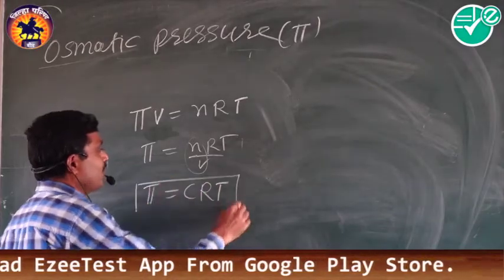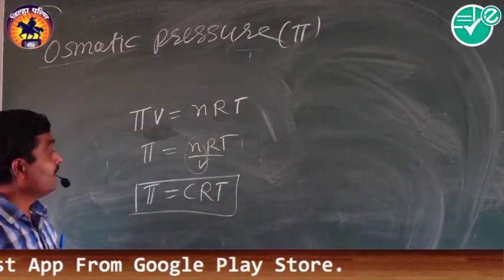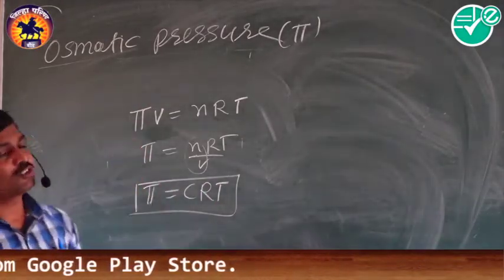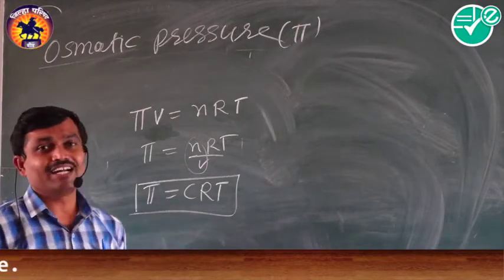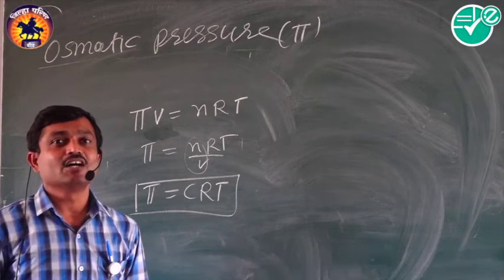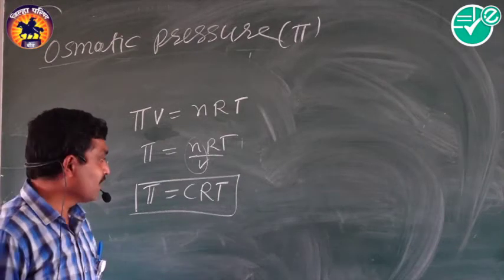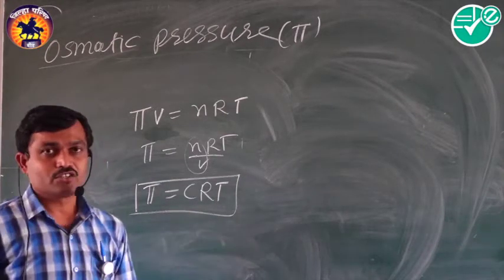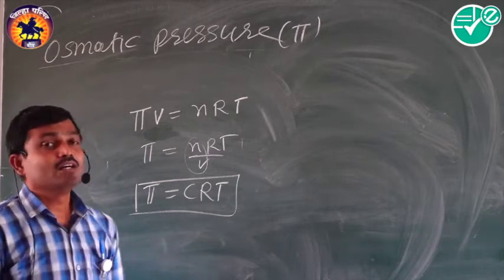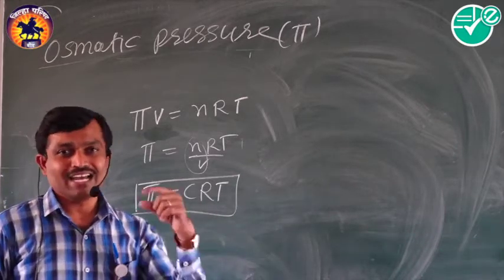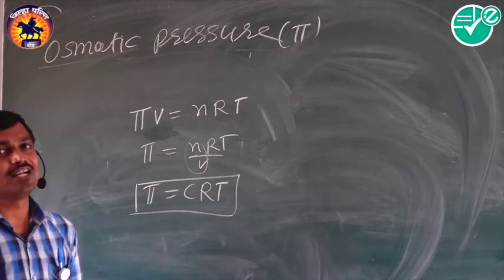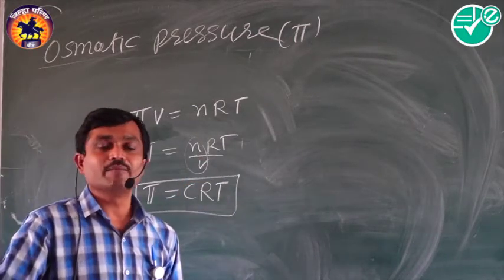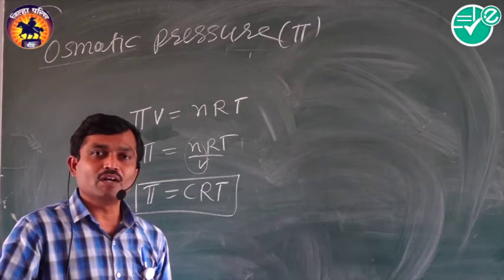So in this way we can use the osmotic pressure equation. From it we can calculate the osmotic pressure, the concentration, and the number of particles added, because in place of n we can use the weight divided by the molecular weight.